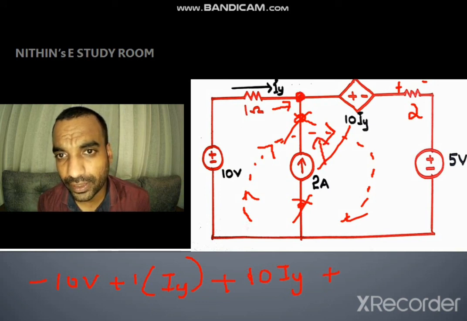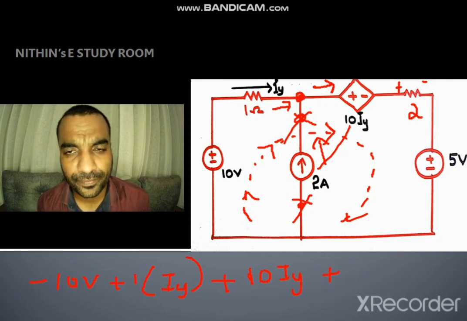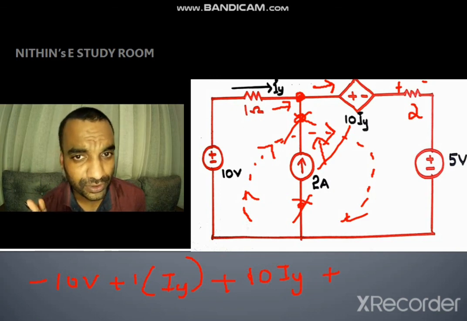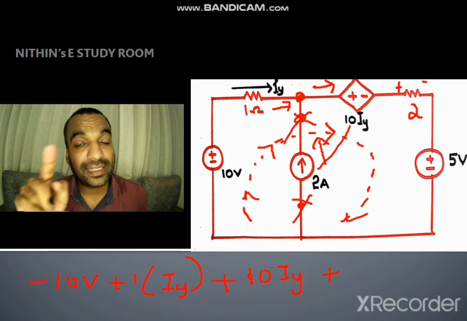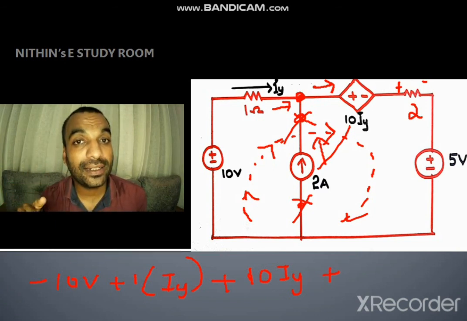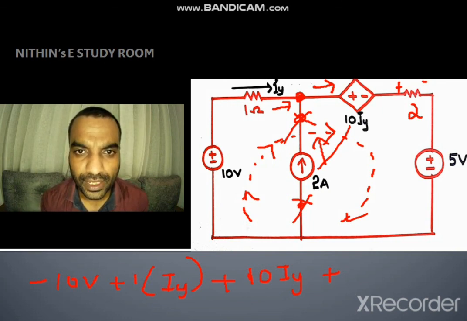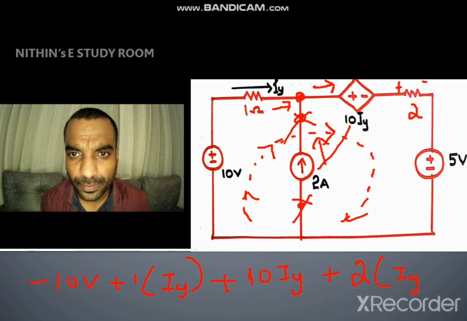Both will meet here, so the current will be IY plus 2 here. In KVL, you don't have to consider the 2 ampere branch because it is not in the considered loop, but the current you have to consider also. So 2 ohm into IY plus 2, here it will be plus 5 is equal to 0.